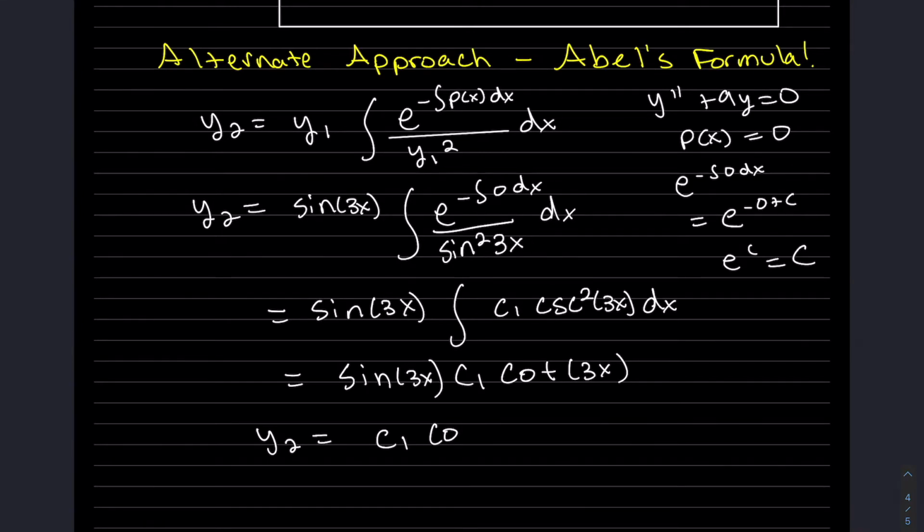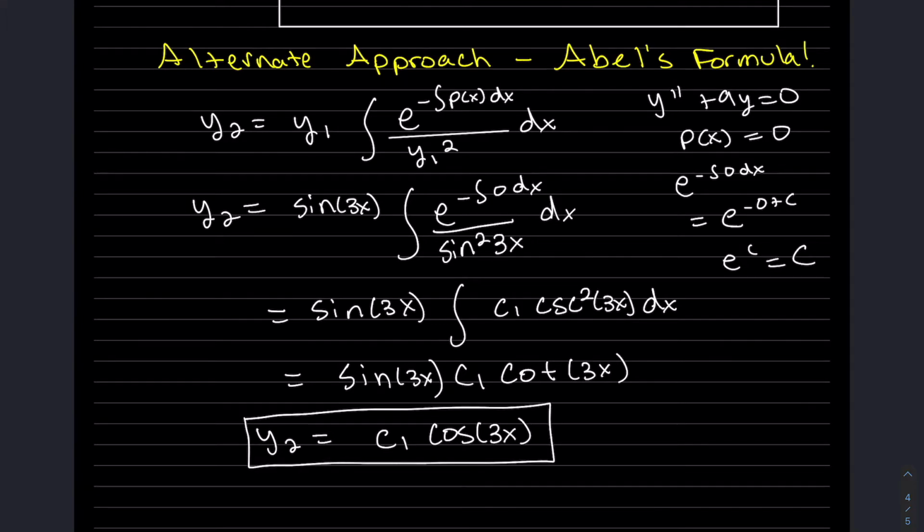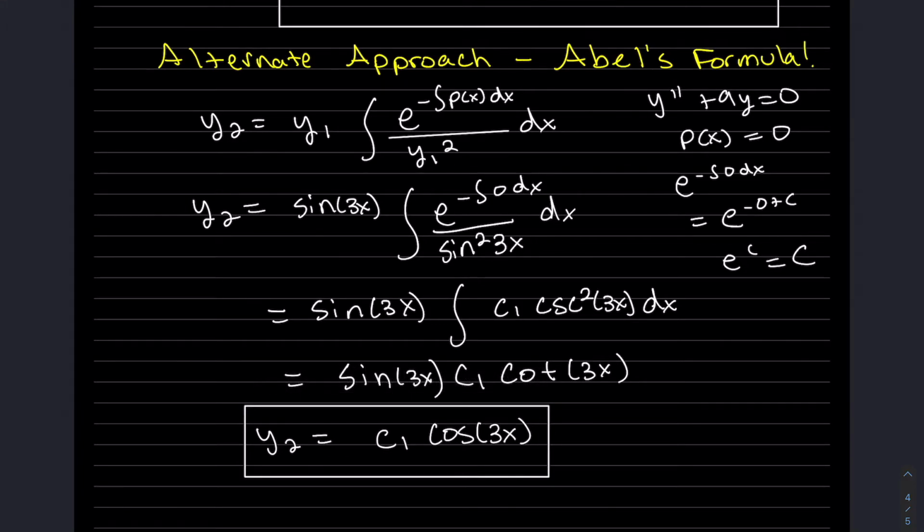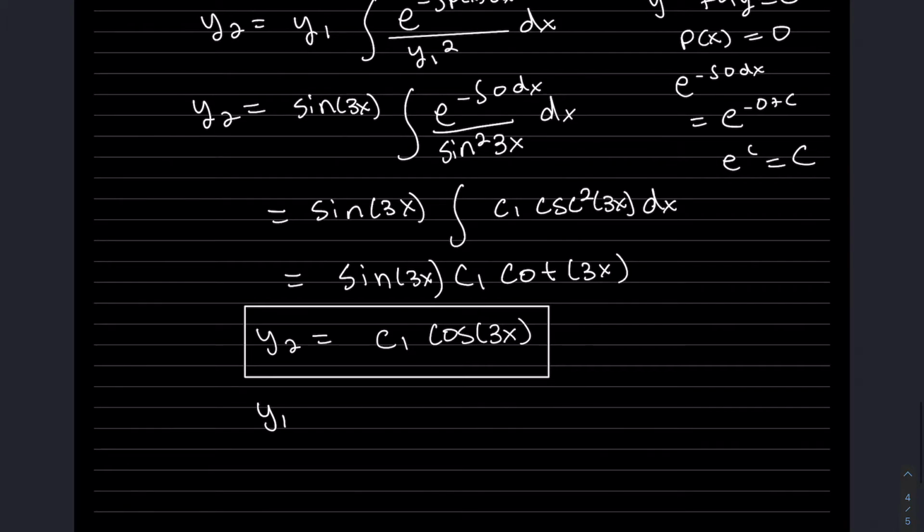C1 cosine of 3x. So interesting enough, remember our y1, we don't really need the constant yet. That's our y2. Could be there or not. Just a specific formula. Sine of 3x.